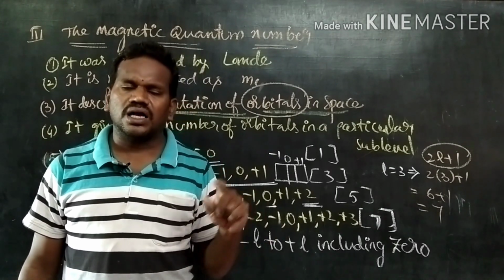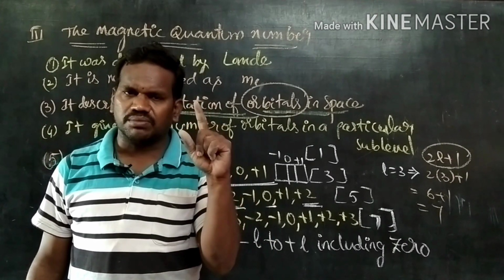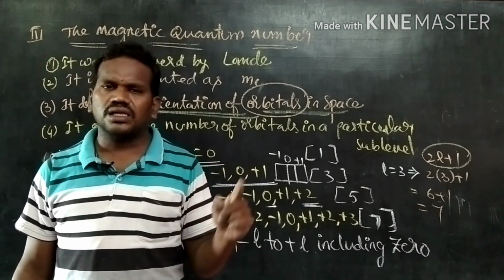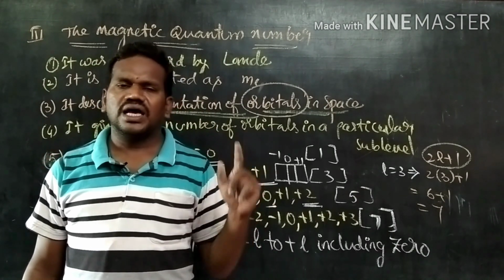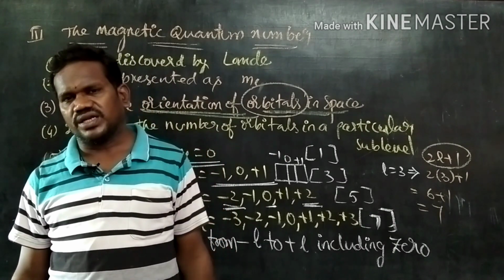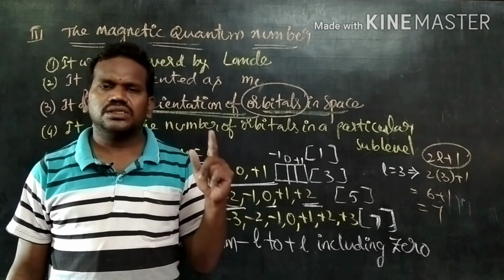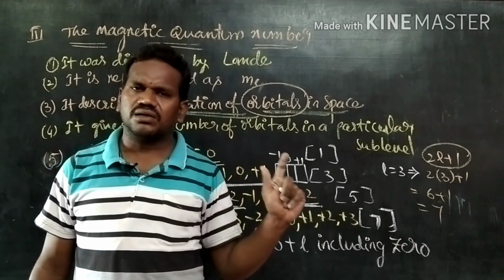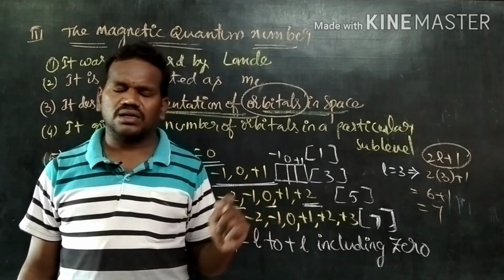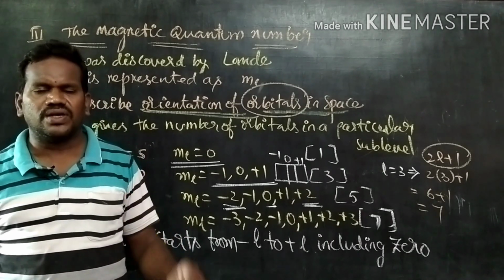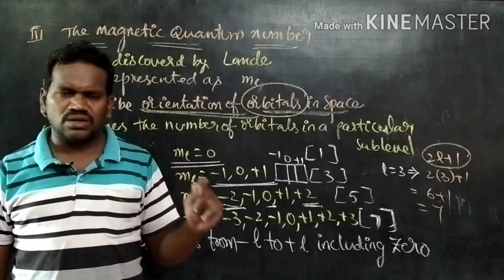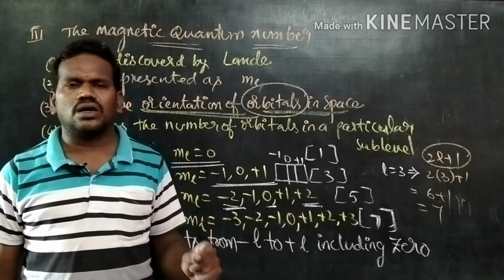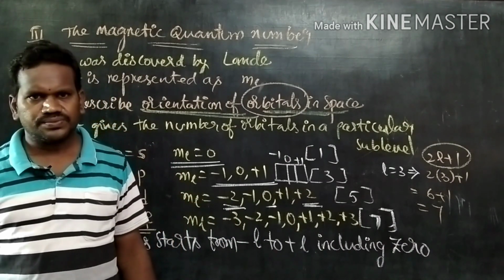Orbitals belonging to the same sublevel have equal amount of energy. Such orbitals are called degenerate orbitals.